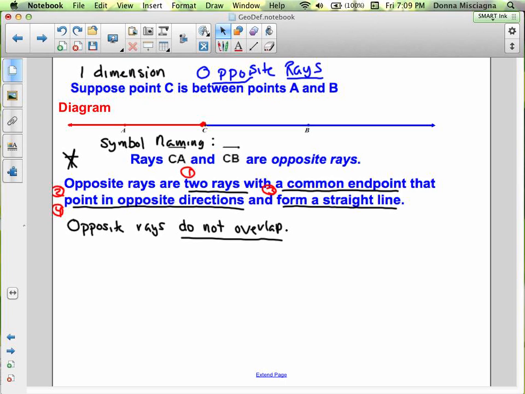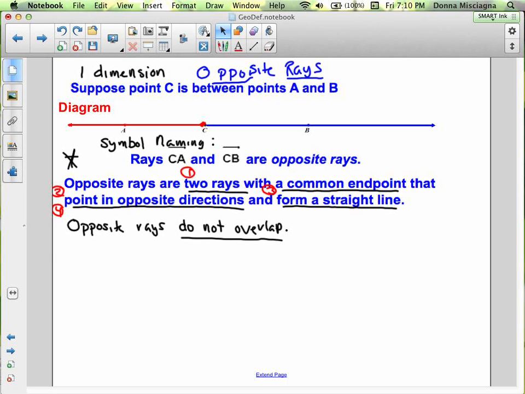For your definition, you're going to need to write the 4 important facts about opposite rays. Number 1, opposite rays are 2 rays with a common endpoint. You can just write what I've underlined.